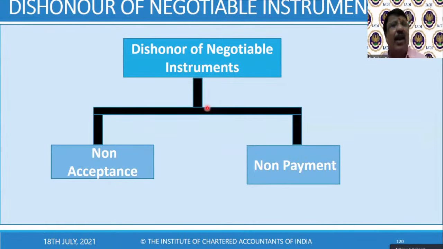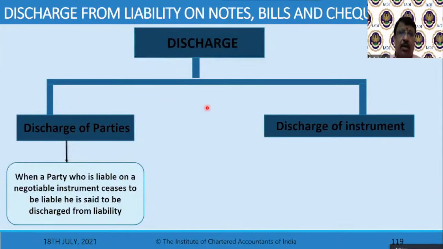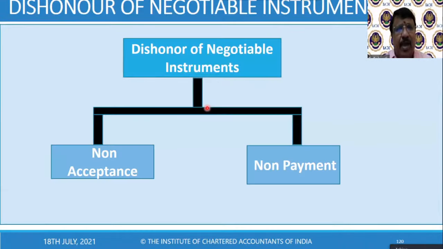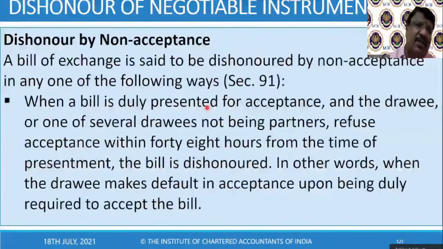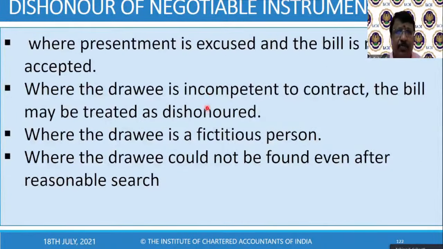The instrument is still valid. You can sue the drawer, you can sue the endorser and all. Only on payment will it get discharged. Are you clear? Discharge of instrument, payment. Mere non-acceptance will not discharge, but it is a dishonor. And of course, if it is accepted, subsequent non-payment is also dishonor. When it is presented for acceptance and not accepted, it is dishonor by non-acceptance. When it is presented for payment and not paid, it is dishonor by non-payment.